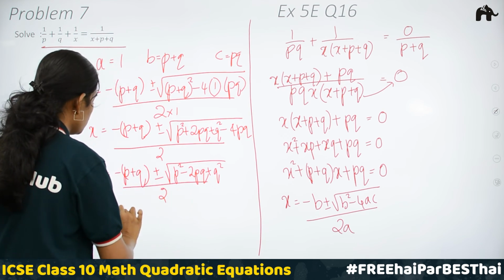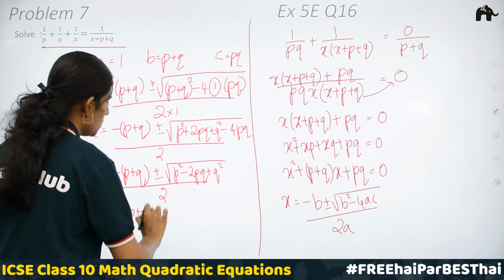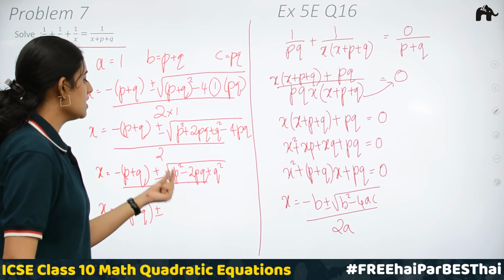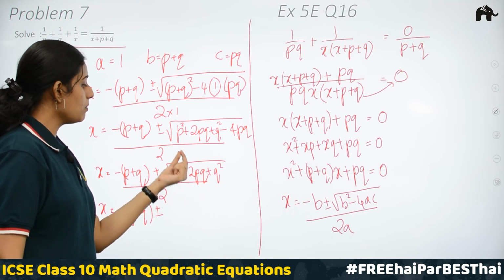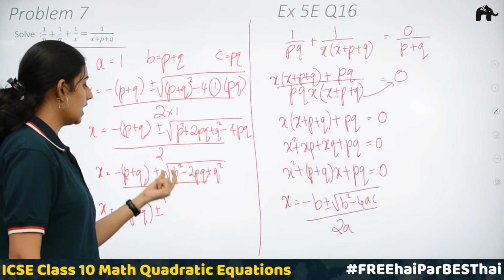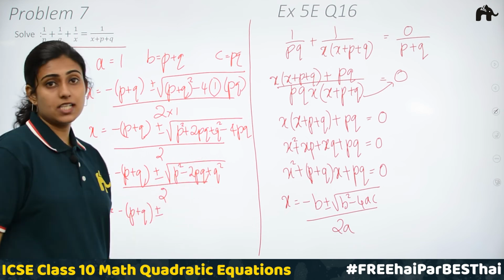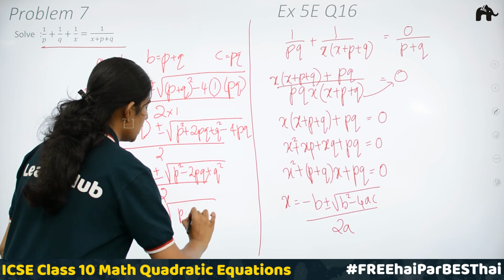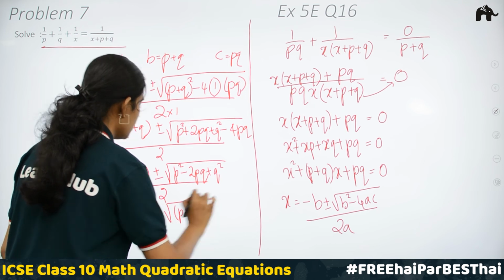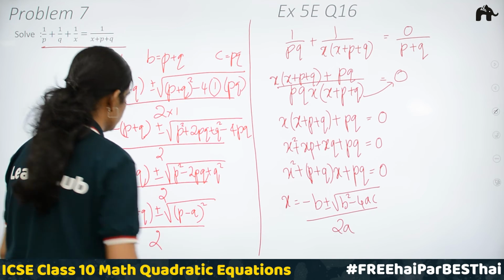X is equal to minus of P plus Q plus or minus. This is of the form A minus B whole square, A square minus 2AB plus B square. Here A is equal to P and B is equal to Q. Then what do you get? We can write this as P minus Q whole square divided by 2.